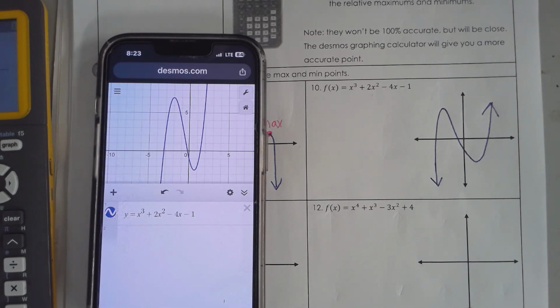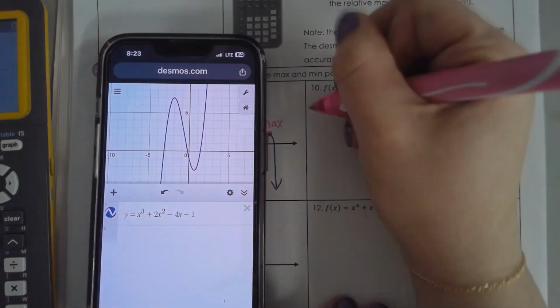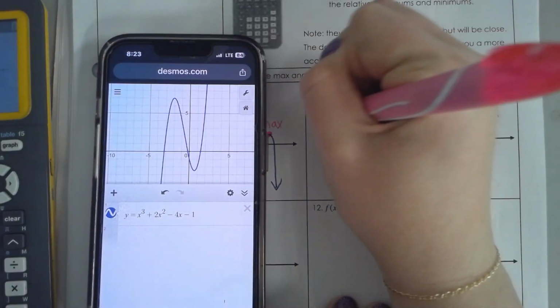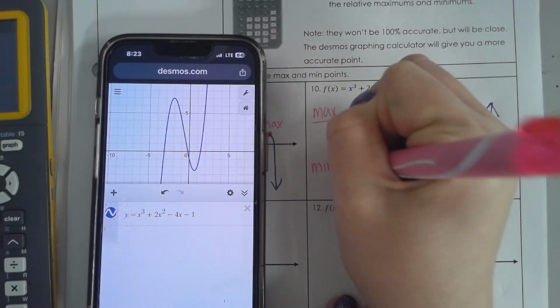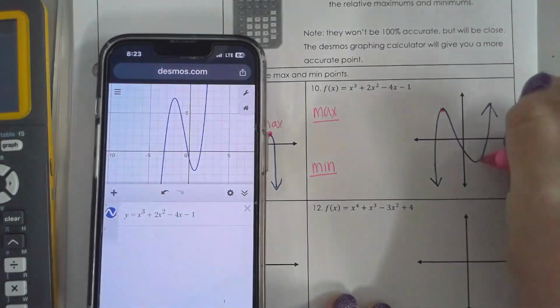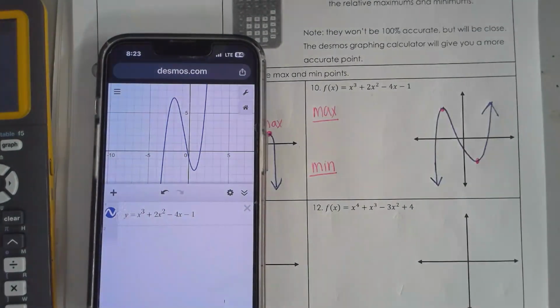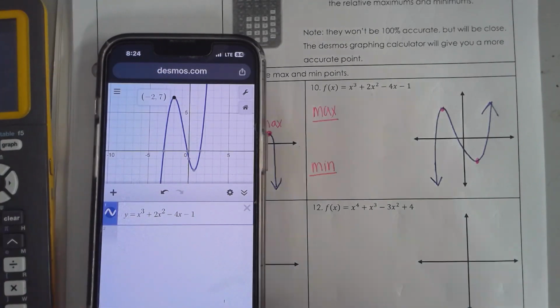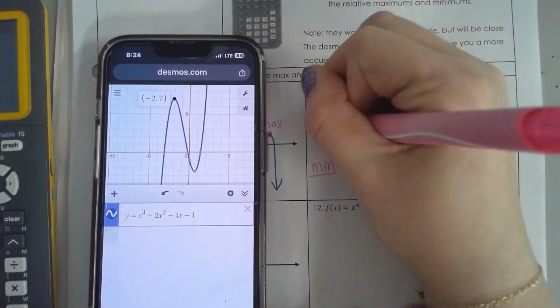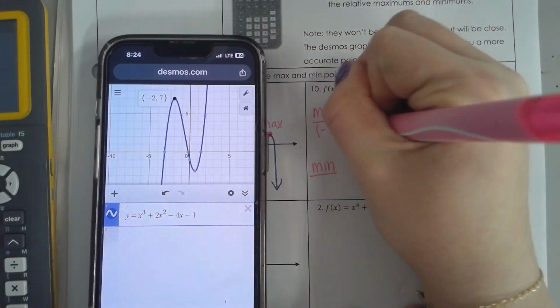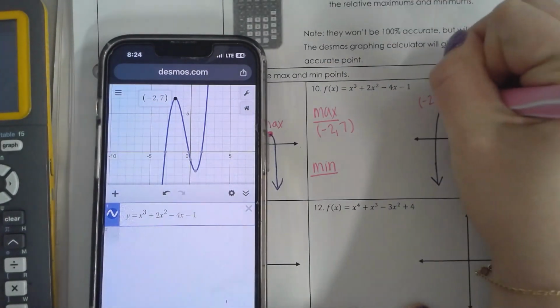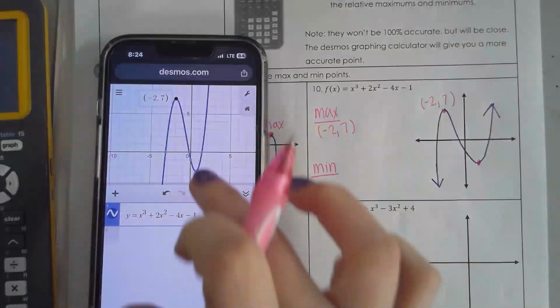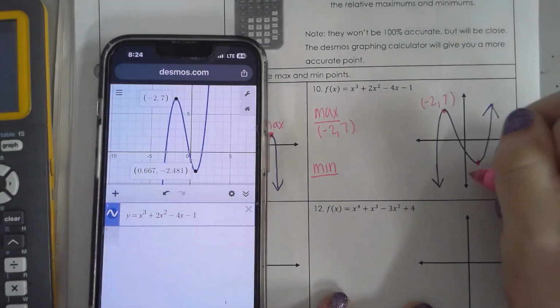How many maximums does this graph have? One. How many minimums? One. Yep. So if I click this, I have a maximum at negative 2.7. And then the minimum is not a nice neat point.